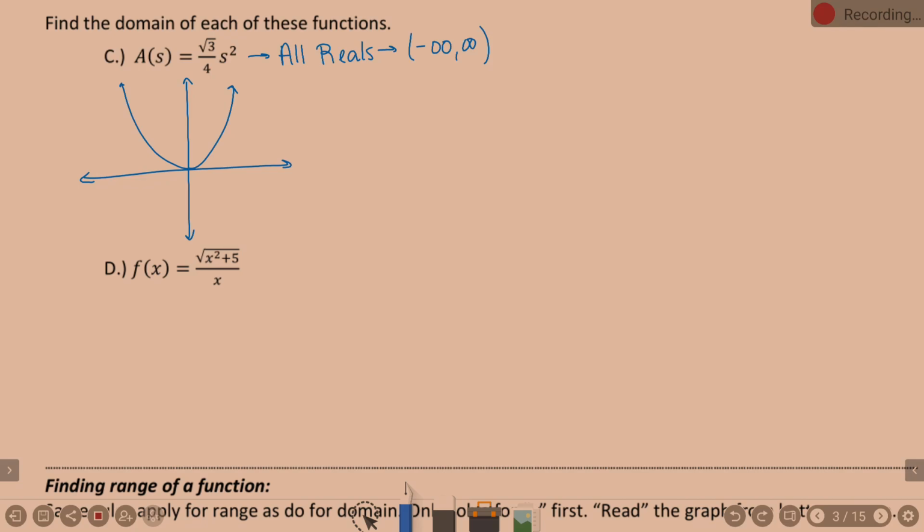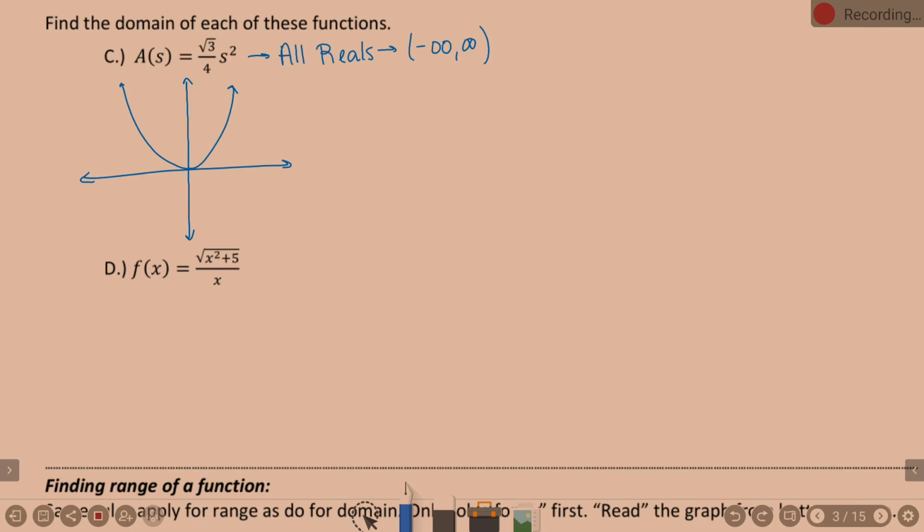Does A often stand for area? Yes. Now, when you're finding area, what does s stand for? Side. So this formula is an area formula based on the side of an equilateral triangle with side s.